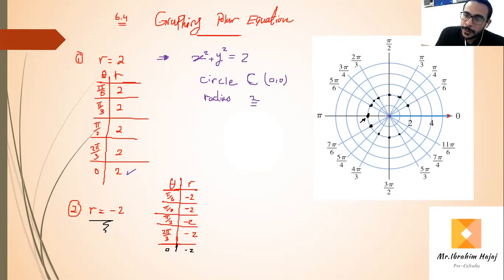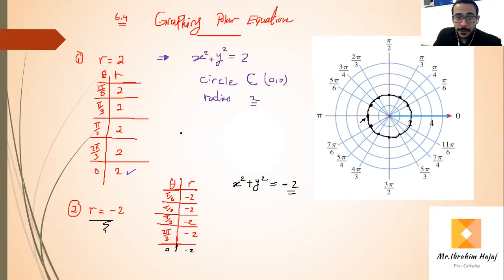If we connect the points from the starting point and move counterclockwise, we can graph this equation r equals -2. Also, as a rectangular equation, x squared plus y squared equals 4, so the radius is 2.